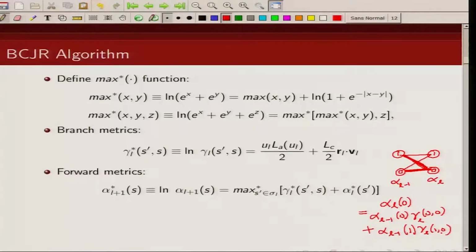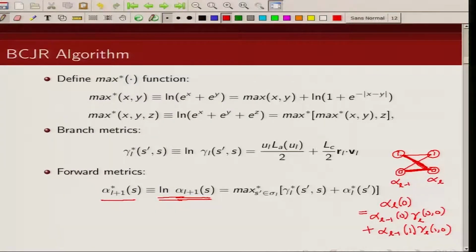So if you recall, we had terms of the form summation of alpha L minus 1 times some gamma. Now if we take the log of that, we are defining a new operator, alpha star, which is the log of these alphas.